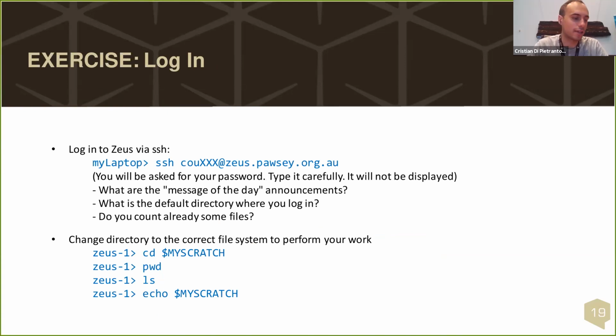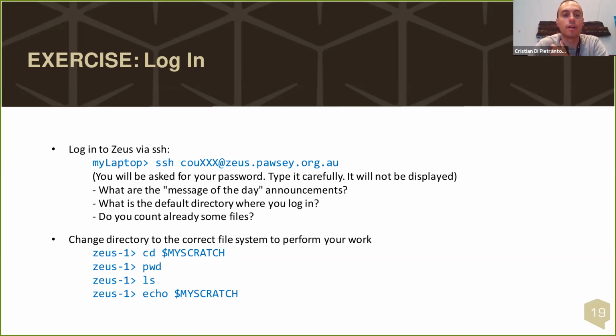This is the first exercise we have. The exercise will ask you to simply log in on Zeus and see if you can perform these simple operations. If successful, you will be shown a prompt that will accept commands such as cd, pwd, ls, the normal Linux commands you would execute on your Linux machine.